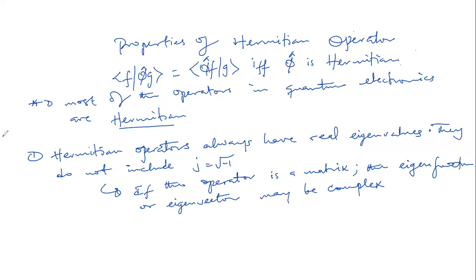But do note that the eigenvalue is always a real value. Regardless of the fact that the eigenfunction or the eigenvector may be a complex quantity, the eigenvalue is always a real number, okay? For it to be Hermitian.